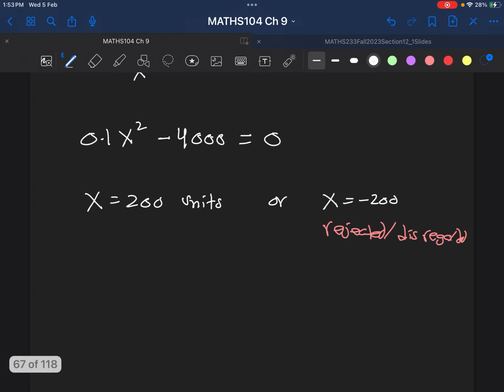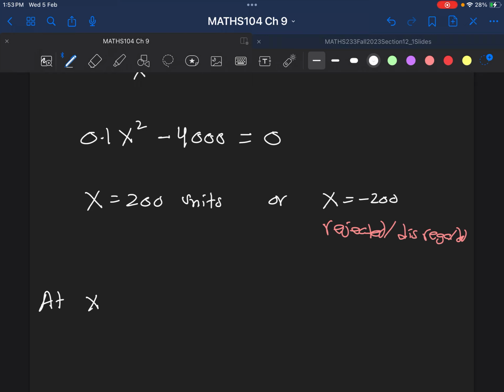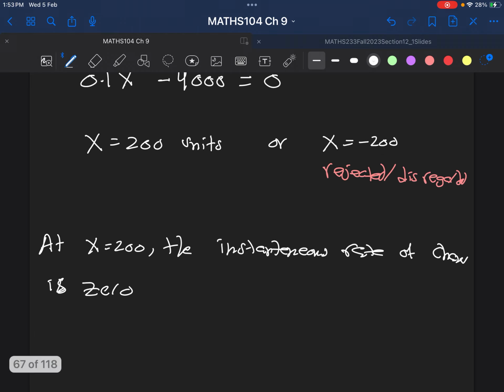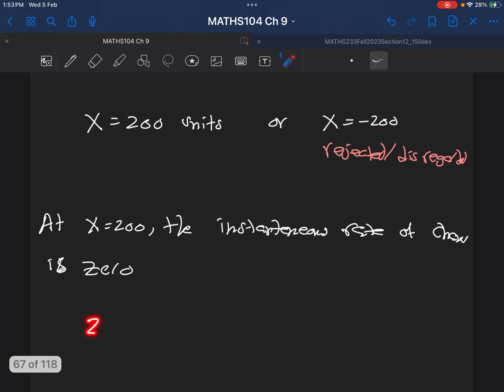We cannot have a negative quantity. So the only answer is x equal to 200. So at x equal to 200, the instantaneous rate of change is 0. Now, what does this mean?